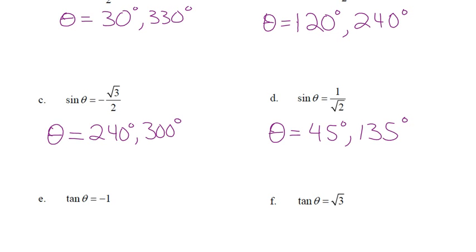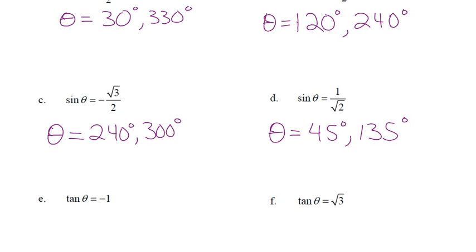Sine theta is positive, right? The CAST rule tells us that every trig ratio is positive in how many quadrants? 2, and it's negative in 2. So as long as they're not quadrantal angles, which could be a little bit different, each of these is going to have 2 answers.